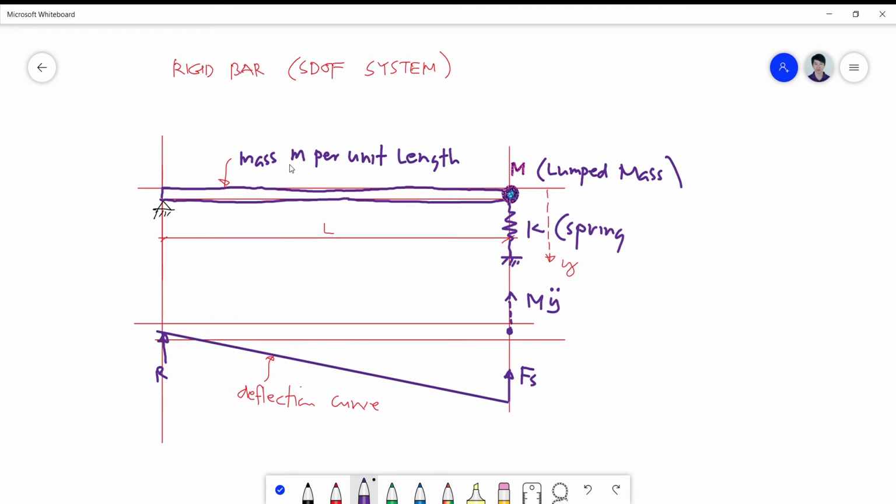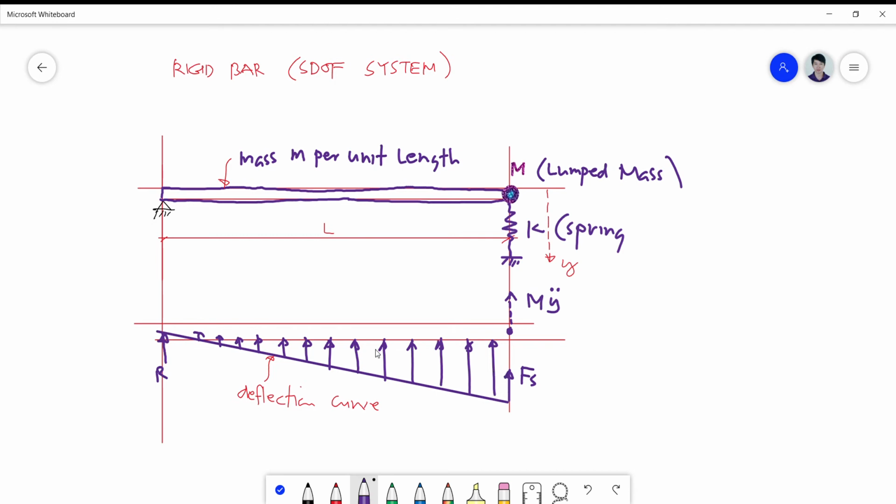So for the uniformly distributed mass, the deflection curve will create a triangular inertia force, which is varying from 0 at the support up to a maximum at the other end. So this is now the inertia force brought about by the movement of the rigid bar.